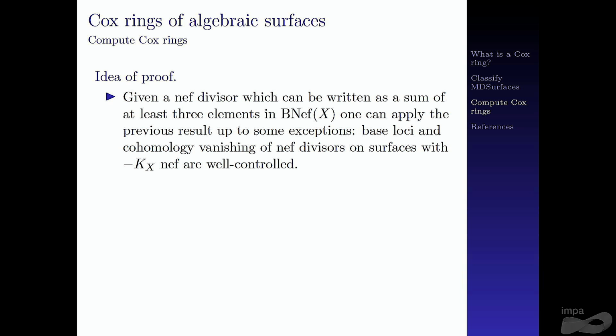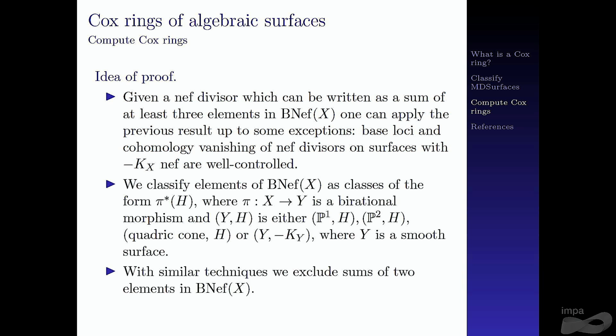After this, we are able to exclude the sums of 2 elements in the Hilbert basis of the NEF cone, because we are able, for these surfaces, to completely characterize elements in the Hilbert basis of the NEF cones. There is a very explicit description, and so we can take sums of them, and again, with Koszul arguments, we can show that they are not necessary.